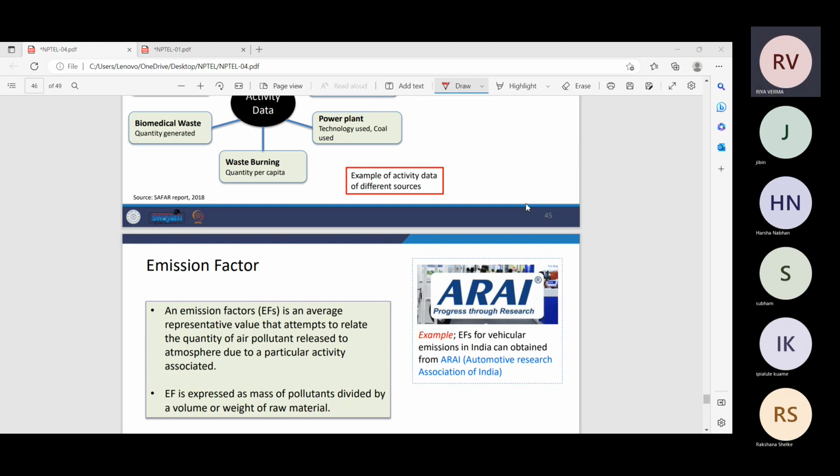Apart from that, there's no need to refer to any textbook because the presentations in themselves are very detailed.